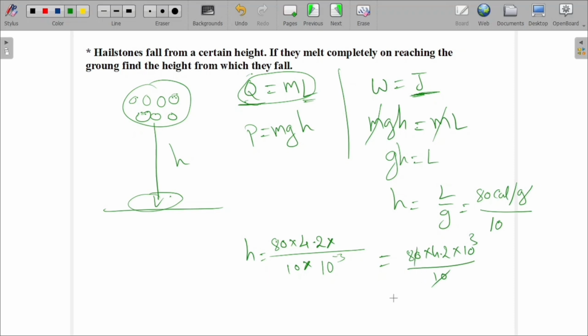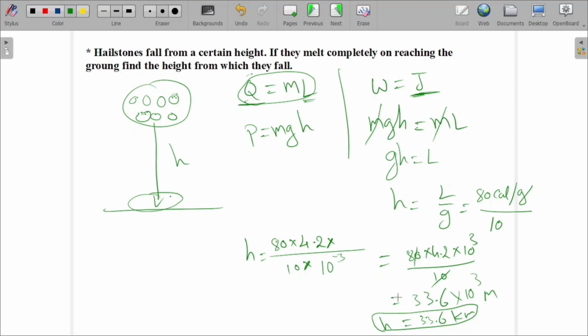The 0s get cancelled. Then what you will get is 33.6 into 10 power 3 meters. That's nothing but 33.6 kilometers. This is the height.